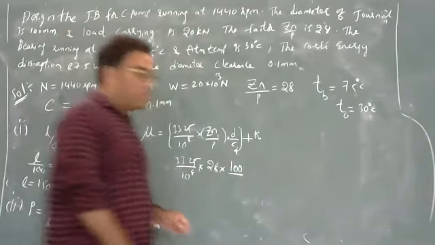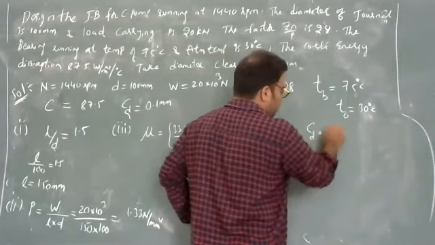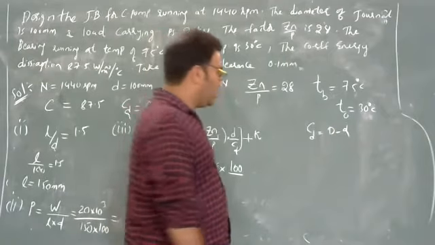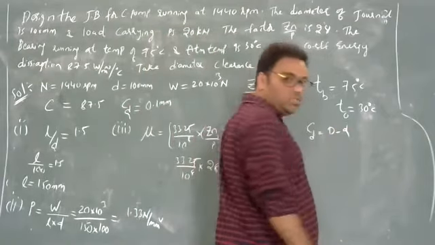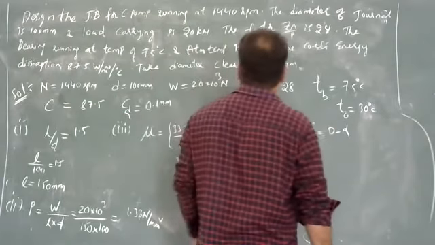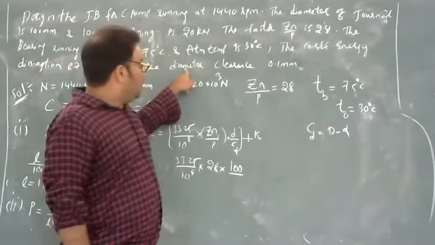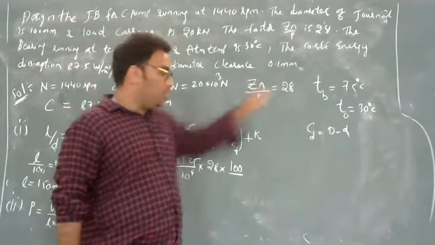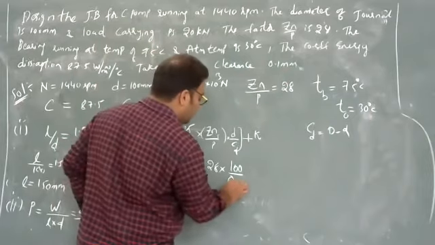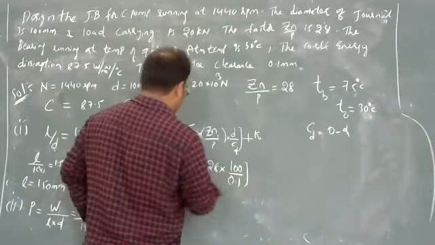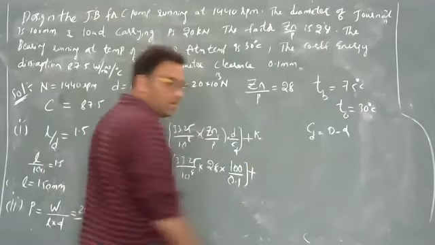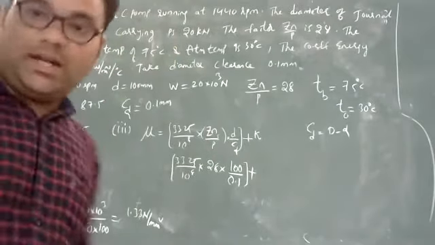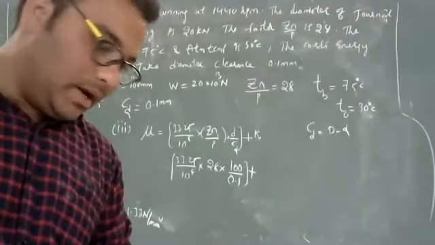The formula is CD equal to capital D minus small d, which is 2CR. Finally, this diameter clearance is also mentioned in the problem, that is 0.1 mm. So I am substituting directly this 0.1 here, plus K. K is nothing but the correction factor. Again, for the correction factor you have to see the data book. So go to the page number.